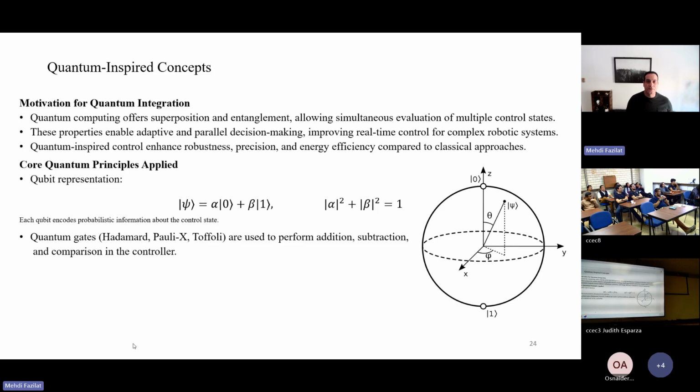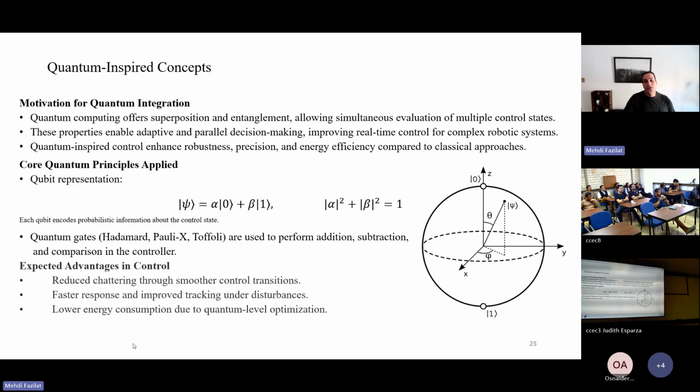Then we use other quantum operations that we name quantum gates to perform things like addition, subtraction, and comparison inside the control loop. This approach gives us three main advantages: first, less chattering; second, faster response; and third, low energy consumption.